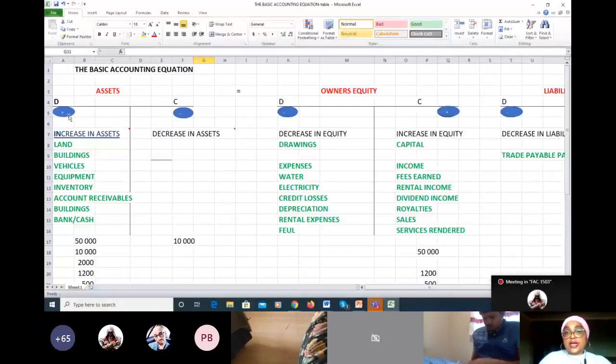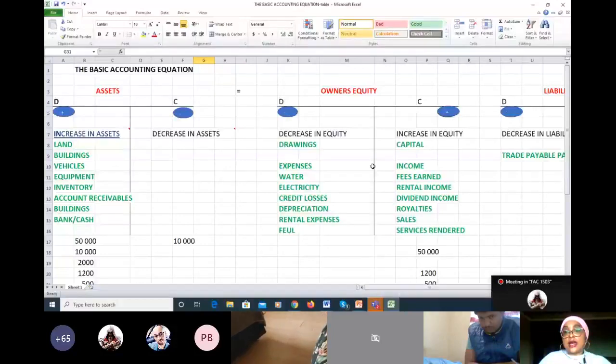Remember, when we come to our equity side, it takes a reverse, the minus and the plus. If it's not reversed, you will get your debits and your credits all mixed up. So just remember, it's a plus, minus, and when it comes to equity, it is minus. Because my equity is decreasing on this side, and on this side, I'm increasing my equity.